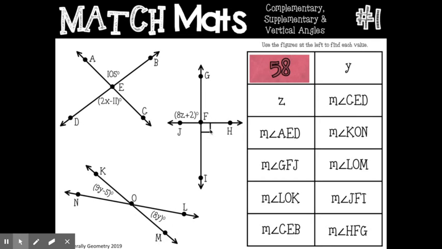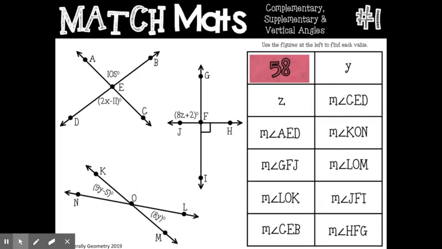But we do have the measure of the vertical angle to 8z plus 2, and this is marked as 90 degrees. So if its vertical angle is 90, that means this is going to be equal to 90.